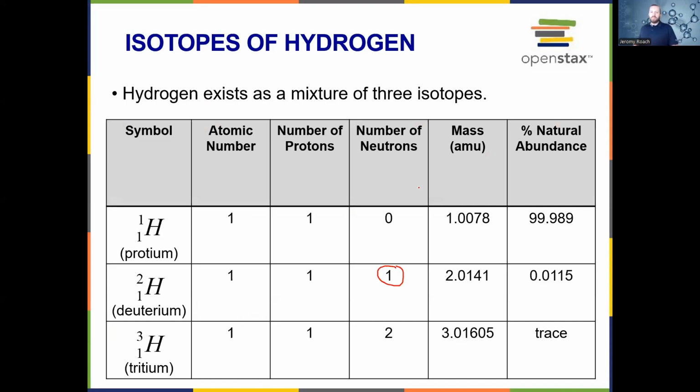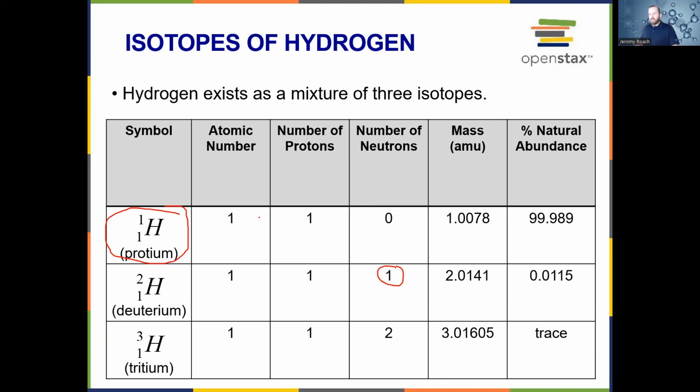There are some isotopes of hydrogen. One of them is called protium, and that has a 99.9% natural abundance. So when we speak about hydrogen, we are almost always referring to this type of hydrogen. But there are other types of hydrogen as well.